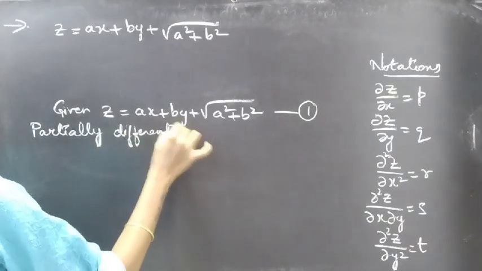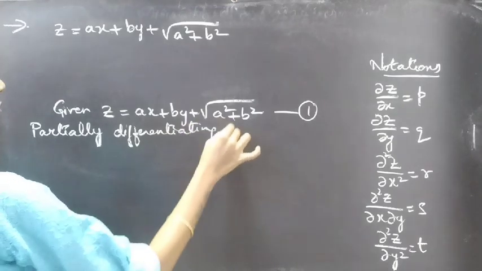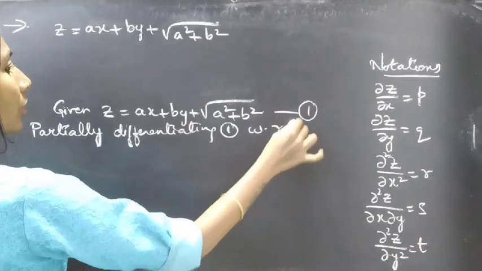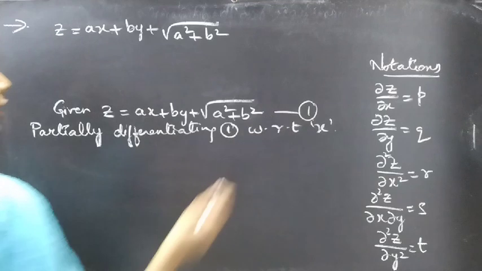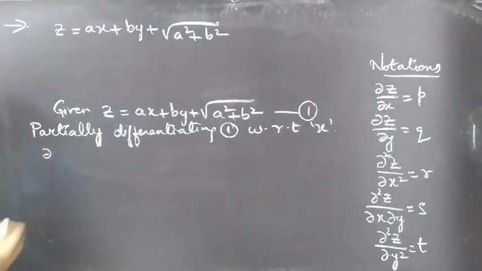Partially differentiating 1 with respect to x. Okay. So firstly, I'll show you the direct way of solving the problem, and next we'll see it again, where I'll increase the number of steps.